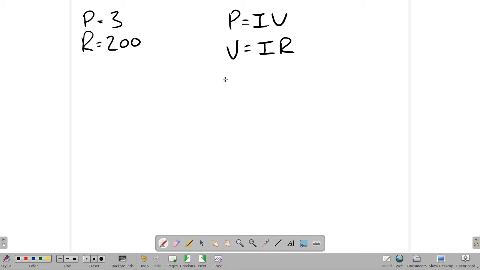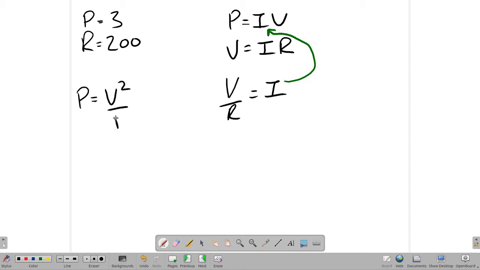So I'm going to rearrange V equals IR to find current: V over R equals I. We'll substitute this in for the I in the power equation. So we've got P equals V squared over R, because V times V gives us V squared.